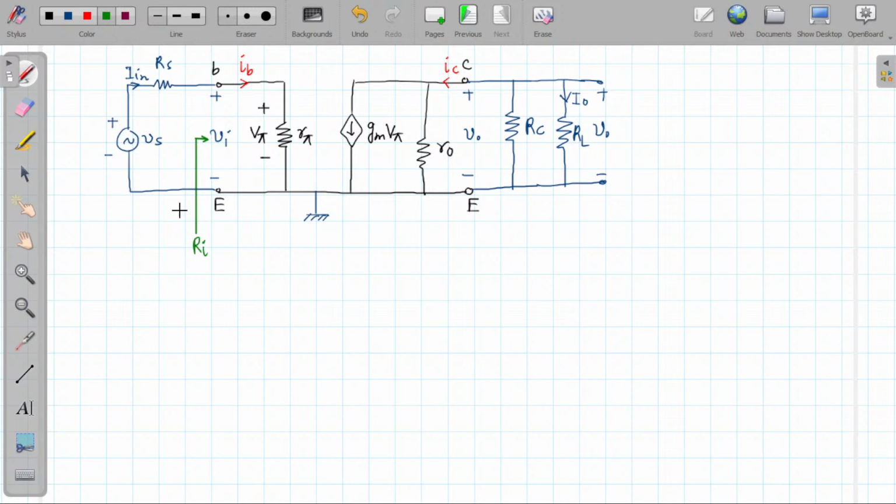Okay, so if we want to find the input impedance of the total circuit, we have to take the input impedance from this point, and we have denoted this as Ri dash.